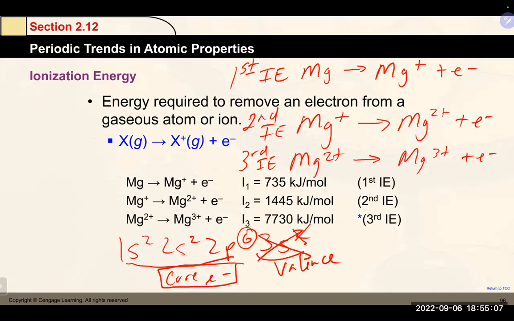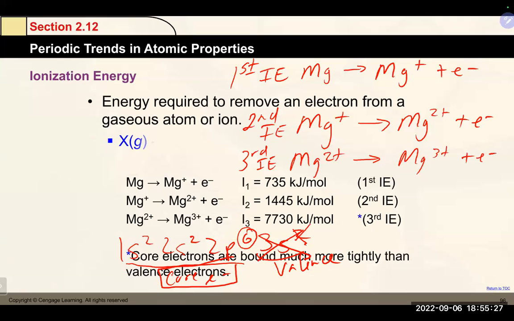So when we do get to our core electrons, really because they're closest to the nucleus, they're held tightly, and they get even closer to the nucleus as we continue to drop off those electrons. Once we really get to the core electrons, it becomes energy deficient to try to make that occur. So the general trend in ionization energy is it increases as you go from the first electron to the second to the third.